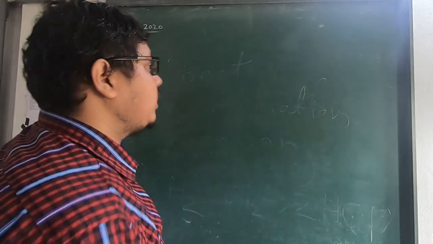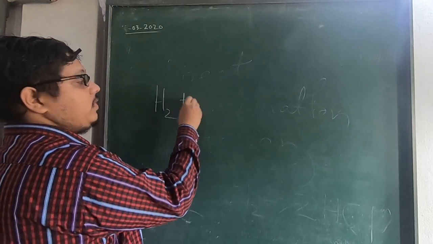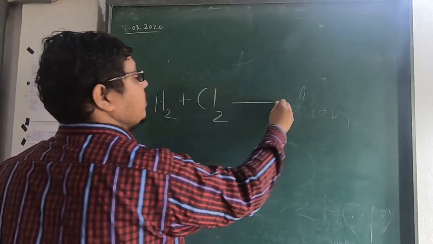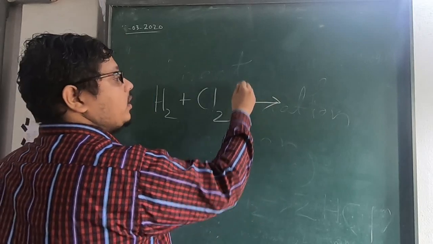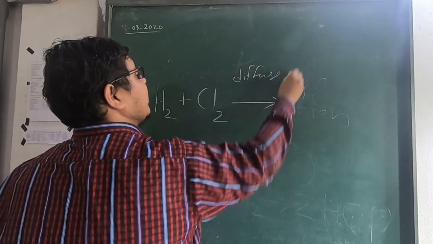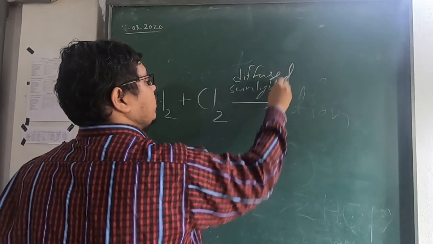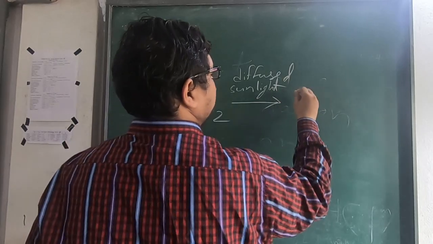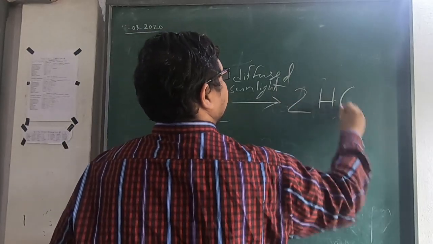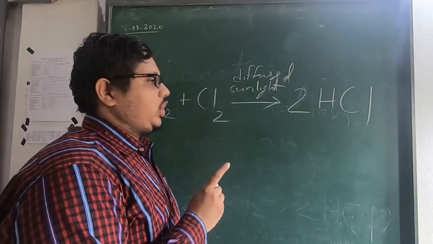You've also studied different types of reactions requiring different energies. In this case, you will see that here we need diffused sunlight. Basically, we need sunlight, which is giving the energy for this reaction.